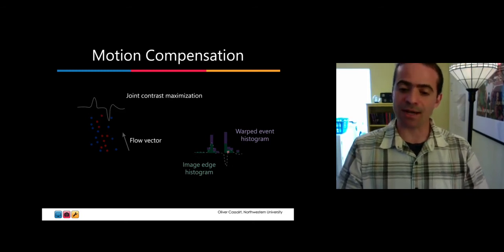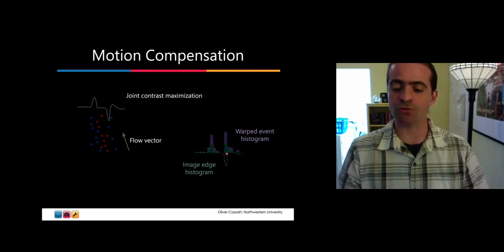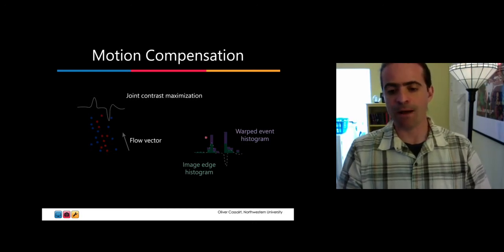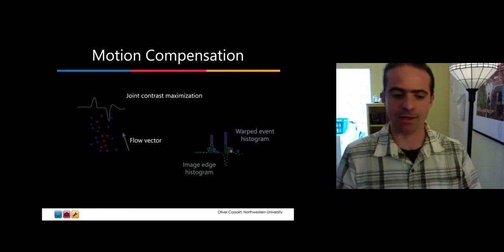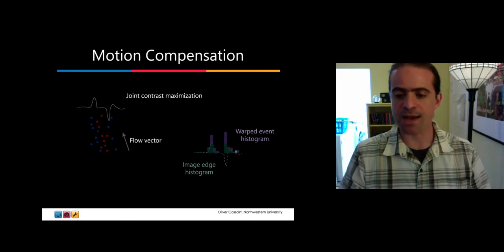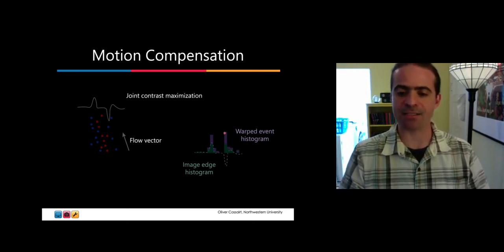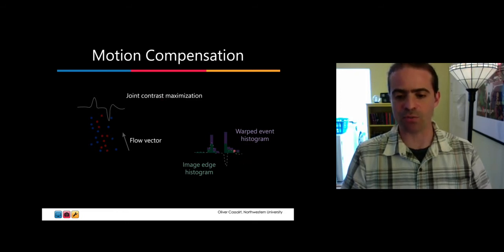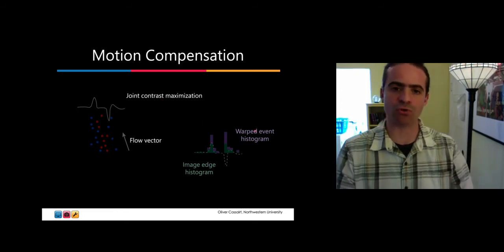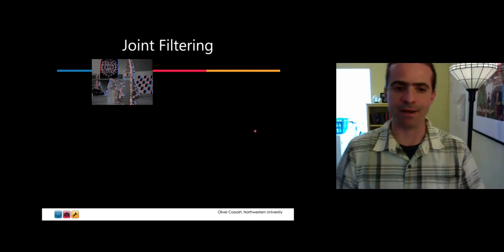So we can search over different sets of local motion, and after we project our events across this flow direction in the event volume, we look for the intensity pattern that has the maximum contrast. When we find that, we know that we've identified the flow direction, and so we can use this to compensate for the motion in our event frames.